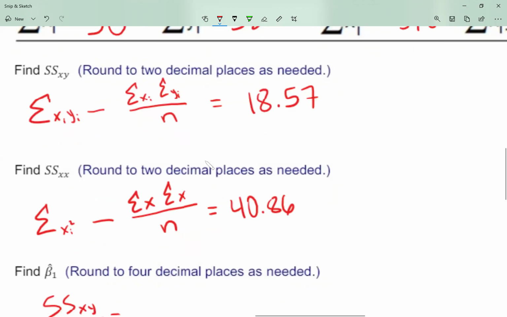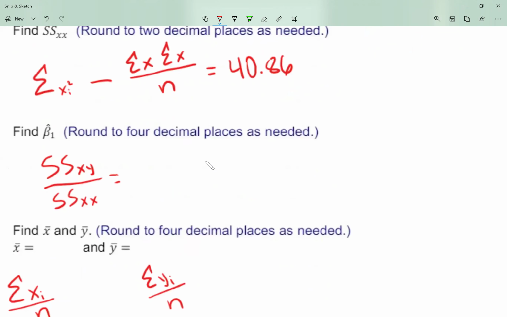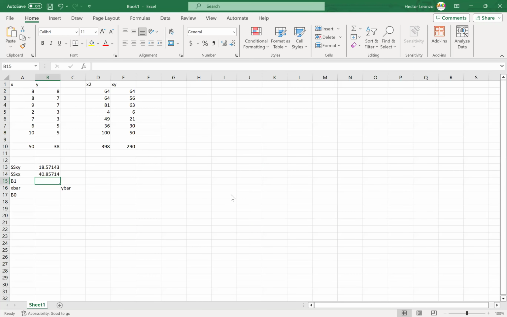Not bad, not hard. Now here for my beta 1, the sum of the squares of xy divided by the sum of the squares of xx. Good. So let me come back to Excel. Let me remind you of my formula for my beta 1. I have to go the sum of the squares of x, y divided by the sum of the squares of x, x.